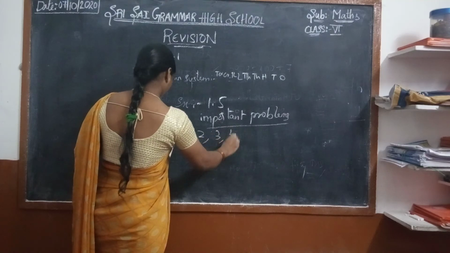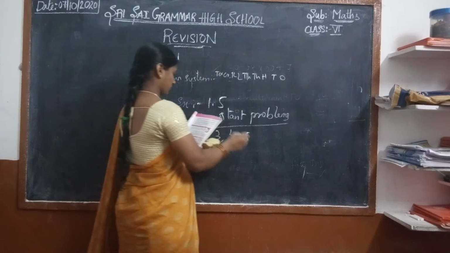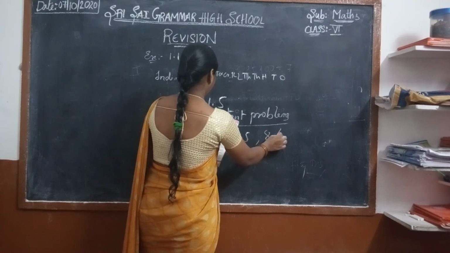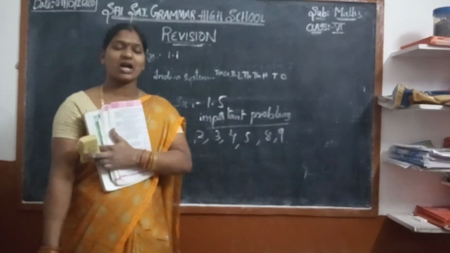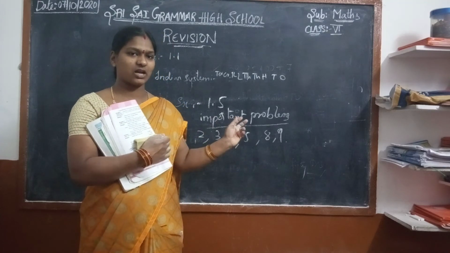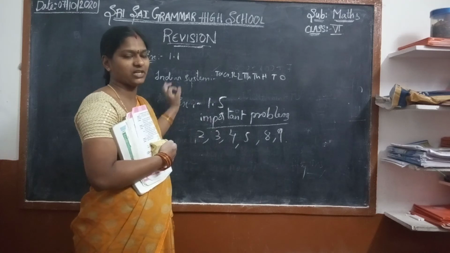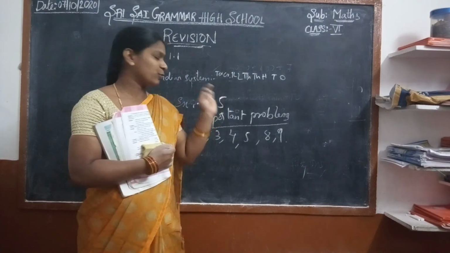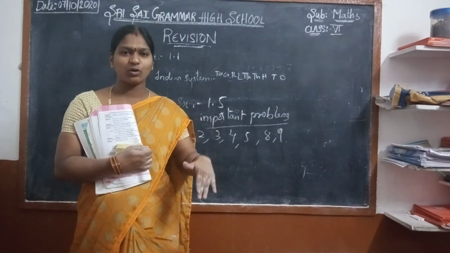Second, third, fourth, fifth, eighth, and ninth. These are the 6 problems you have to practice, and I am going to explain once again in the next class. So today you have to complete the first chapter. Whatever I explain, you have to do at least one problem of each. Keep your textbook in front of you and do it on your own easily.